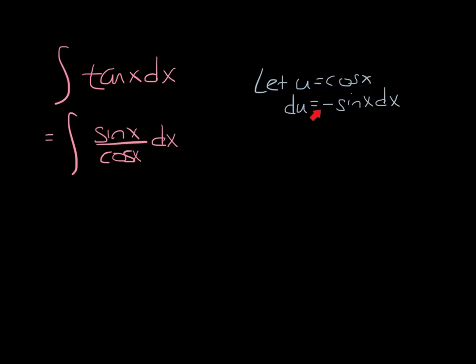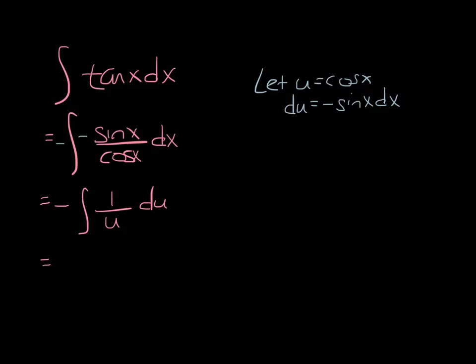We need a negative, so we'll put one here and cancel it out. And we'll have a negative, the integral of 1 over u, so cosine is our u, and the negative sine x dx is our du.